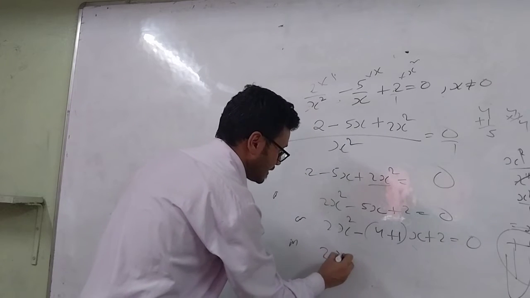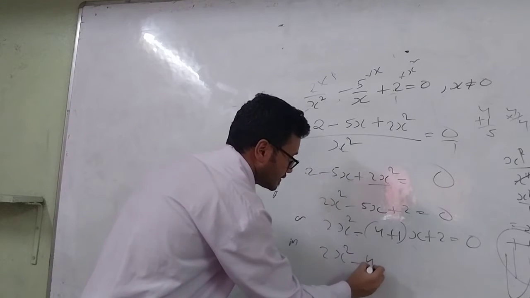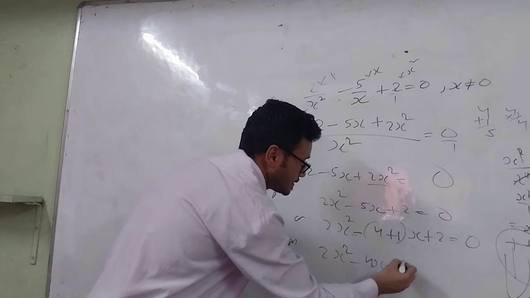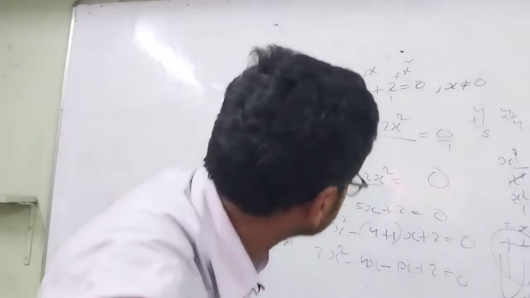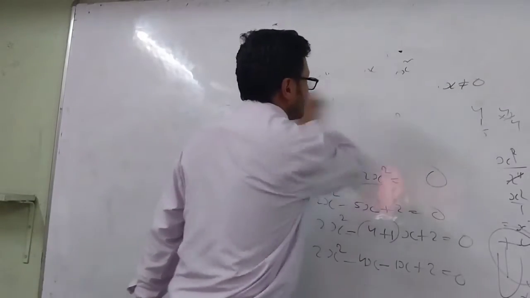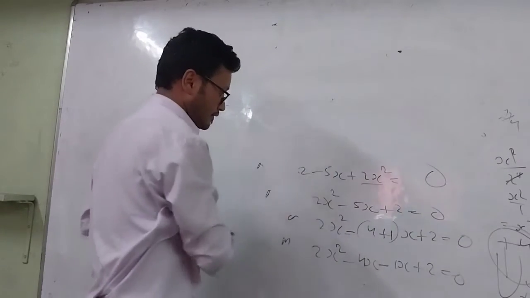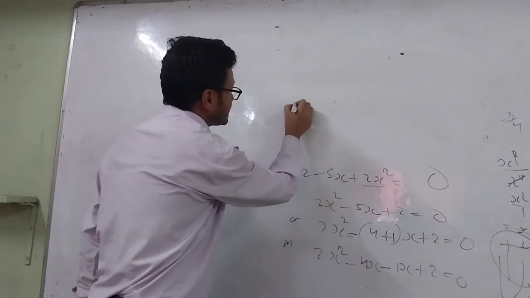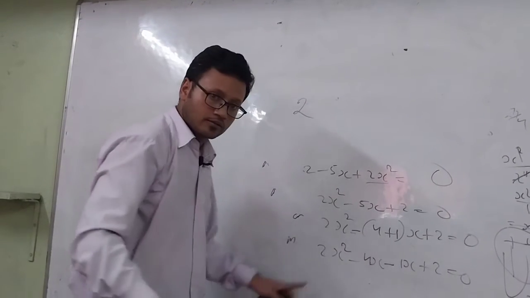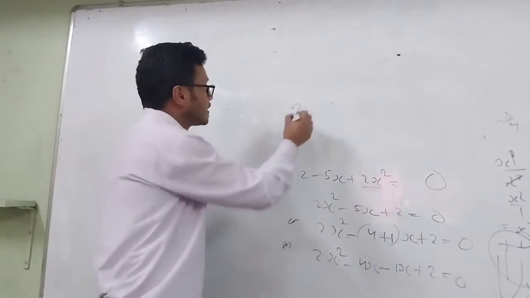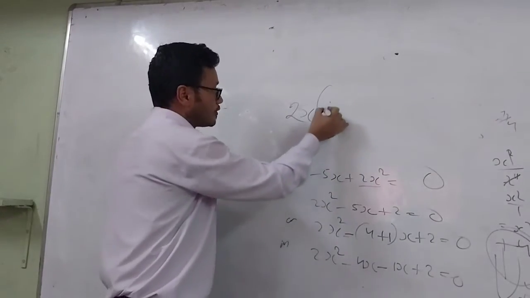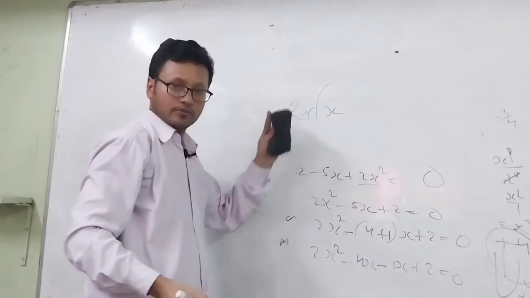Now 2x square minus 4x minus 1x plus 2 equals 0. After this we have to take the common. 2 and 4, 2 is common, because 2 can be divided by 2 and 4 can be divided by 2. x square and x, x is common. Then how much is left? Only x, because 2x into x is 2x square.